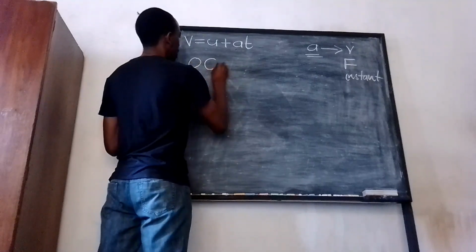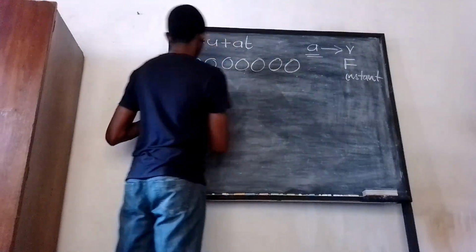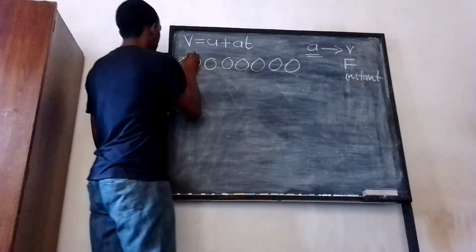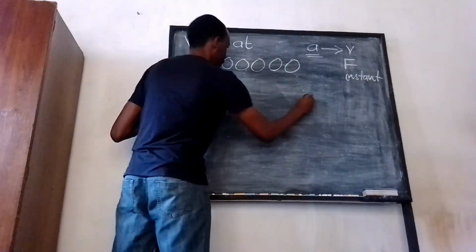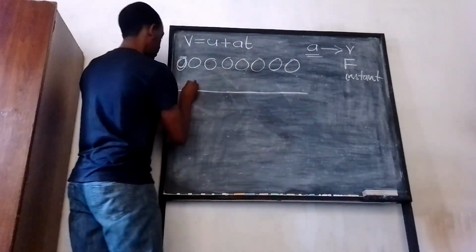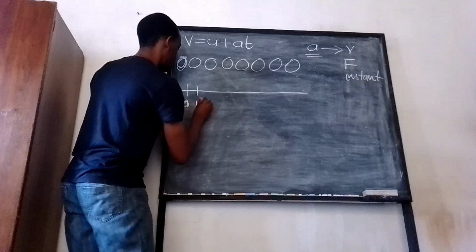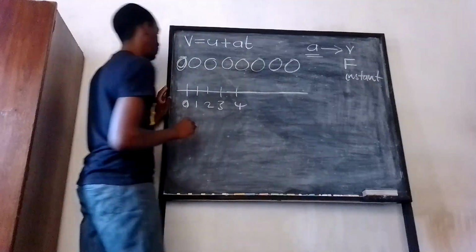Now let's look at how motion occurs. Remember, in my previous videos, I touched on how motion is nothing but a discrete action, not a continuous action. So say this is a timeline: 0, 1, 2, 3, and say 4.